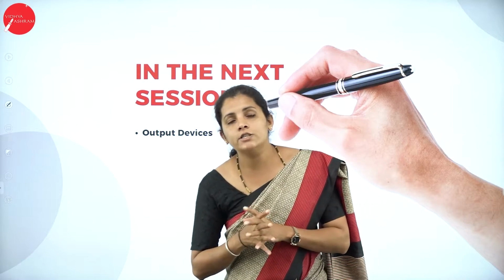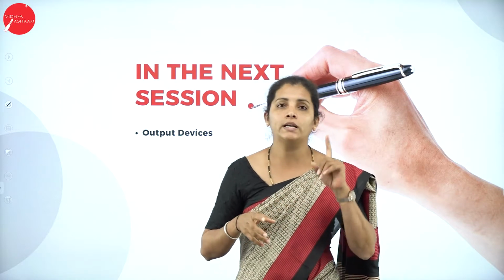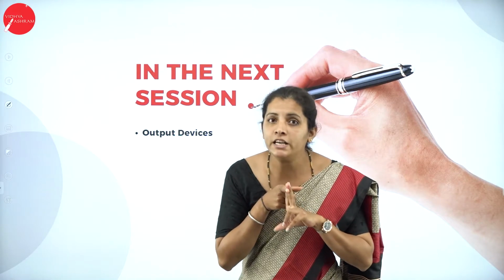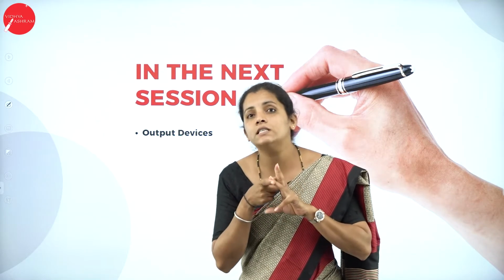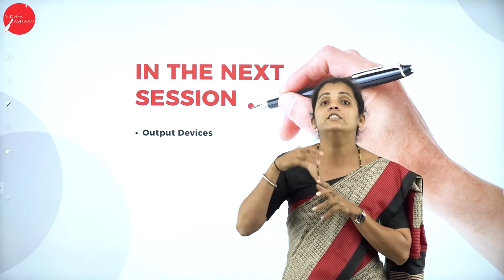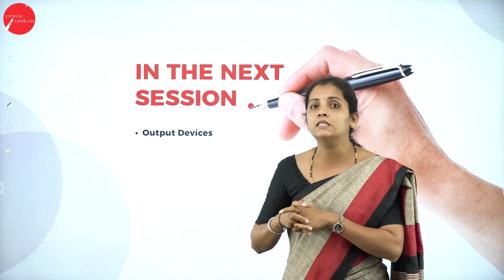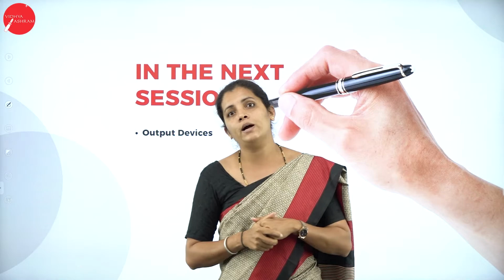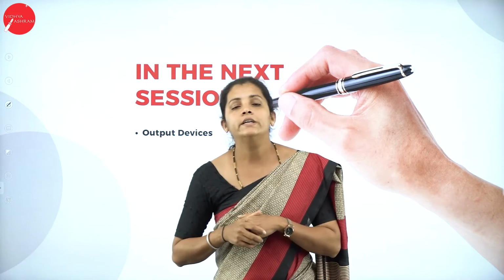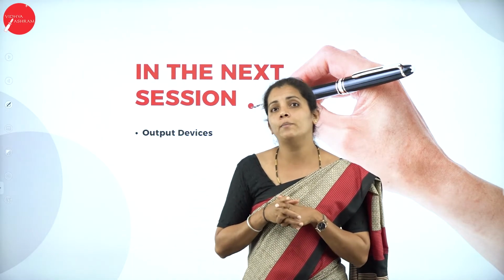Dear students, this is all about your first unit. In the first unit, we discussed what a computer is, the characteristics or capabilities of a computer, and the applications of computers. Then we discussed the generations, history and components of a computer, the unit diagram and the functional block diagram of a computer.